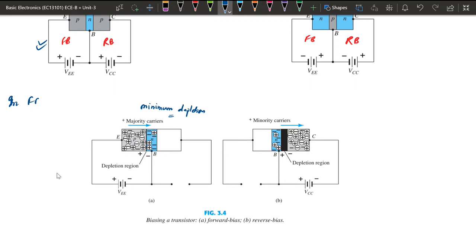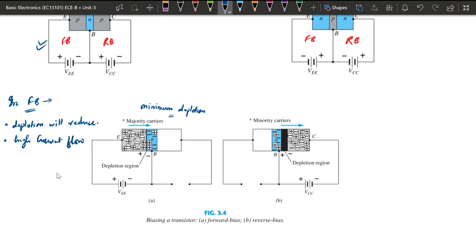And in forward bias, the depletion region will reduce. Okay. So depletion will reduce. So once the depletion will reduce, high current will be flowing.